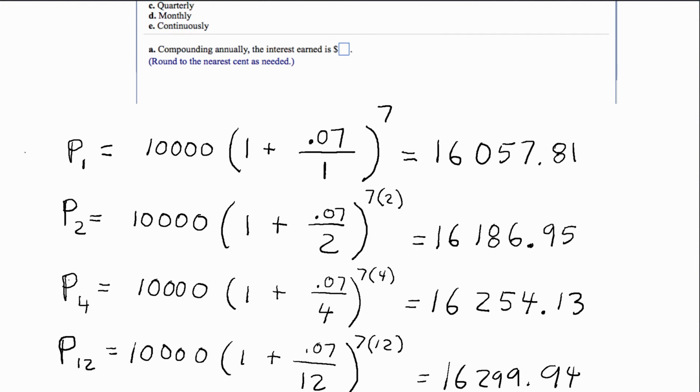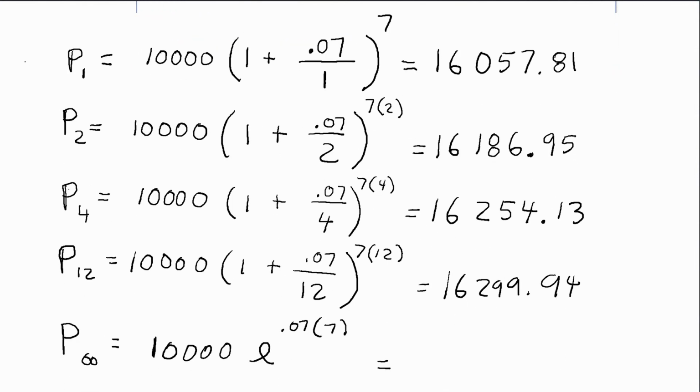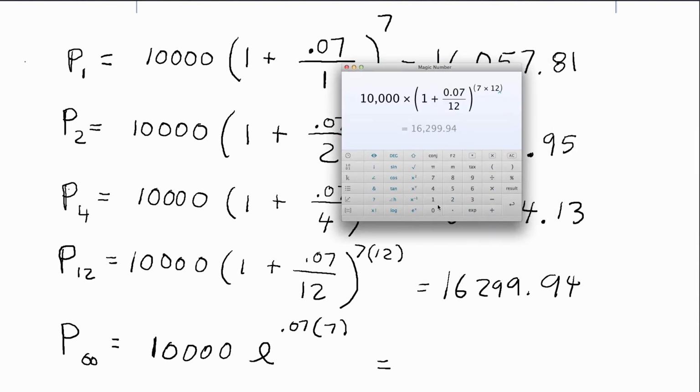Let's see if I can type that into my device here. So we want to put down 10,000. Let's clear the whole thing. So it's 10,000 times e to the 0.07, inside the bracket here, times 7.